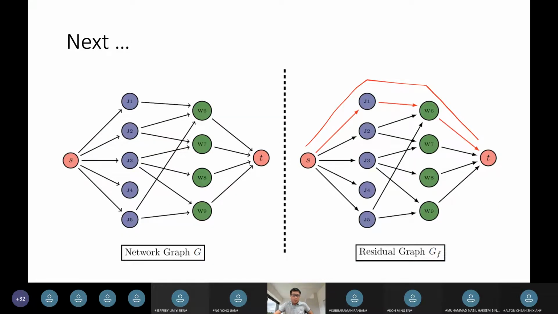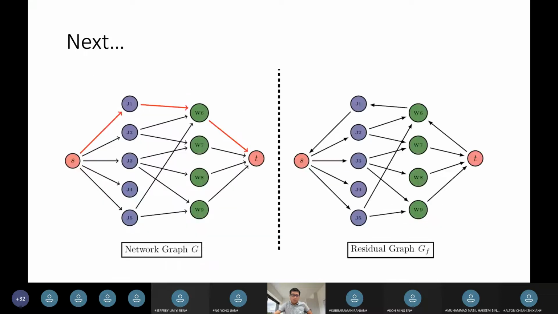So this is the original one. Then we found one flow in the residual network. Then what do we do? We update it in the original network. I found one flow, so we highlight it in red. On the left-hand side you can see the flow.